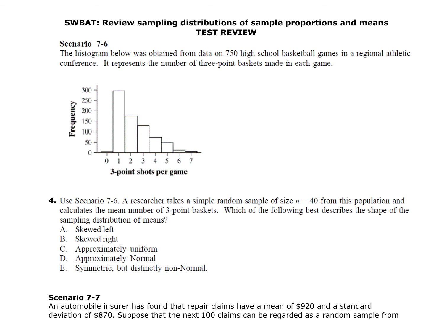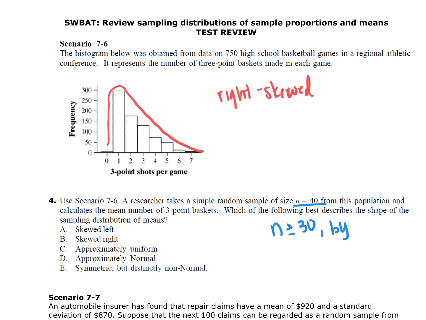Remember when we talk about describing the shape, we're talking about the shape now, not the mean or standard deviation. If we look at the shape of the population, it is a very right skewed distribution. However, when we look at samples of size 40, we know that because n is greater than or equal to 30, by the central limit theorem, x bar is going to be approximately normal.